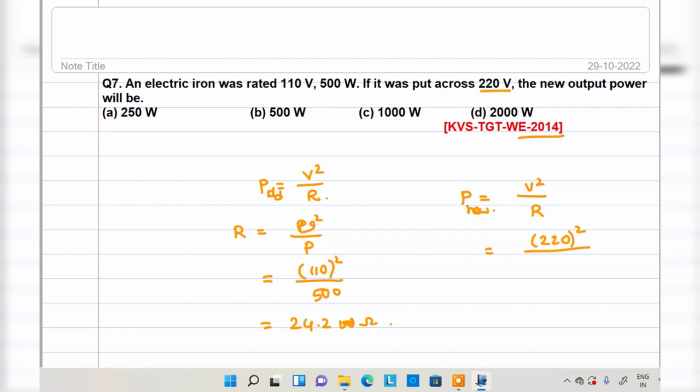That winding resistance is always fixed, at 24.2 ohms. Whatever voltage you apply, the resistance is constant. That's why 220 square divided by 24.2 gives you 2000 watts. So 2000 watts is the power. Option D is the correct option.